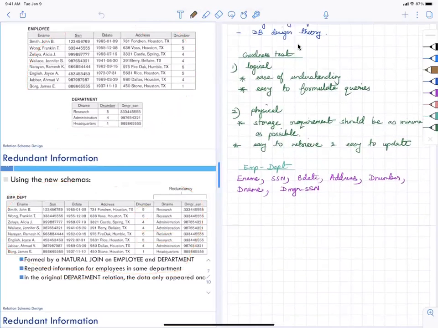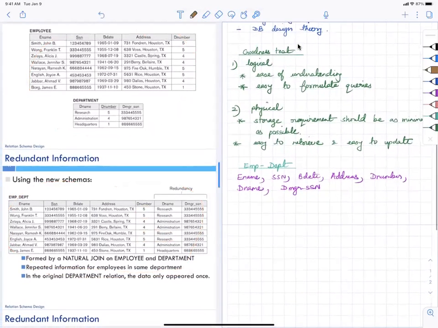So let me write the problems with employee department. Again, this is the informal design consideration.